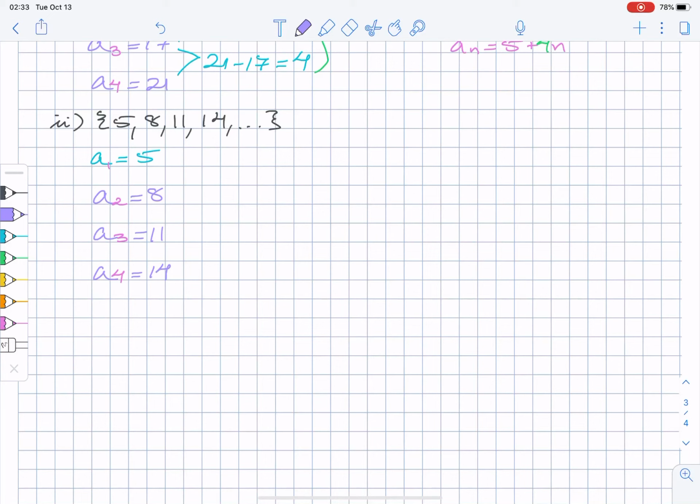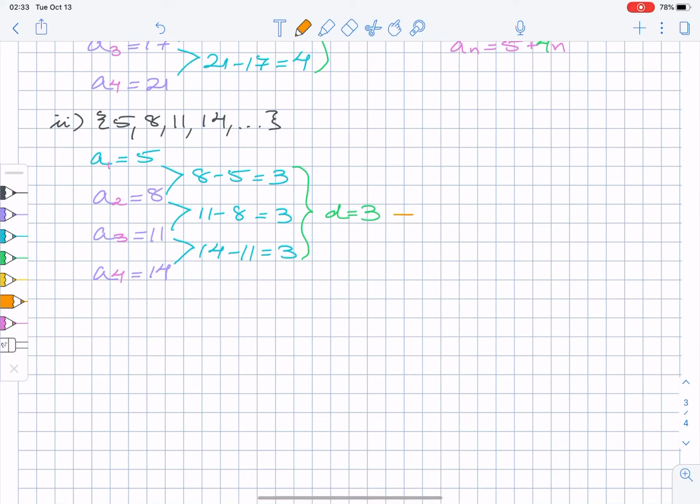So what is the common difference? 8 minus 5 is 3. 11 minus 8 is also 3. 14 minus 11 is also 3. So I claim the common difference is 3.